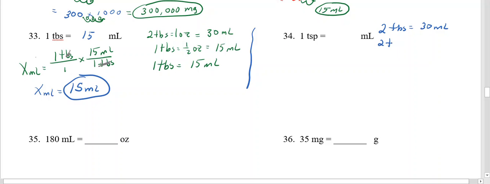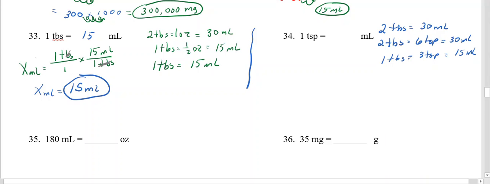I also know that 2 tablespoons equals 6 teaspoons, which would equal 30 milliliters. Again, divide everything in half. So 1 tablespoon equals 3 teaspoons equals 15 milliliters.